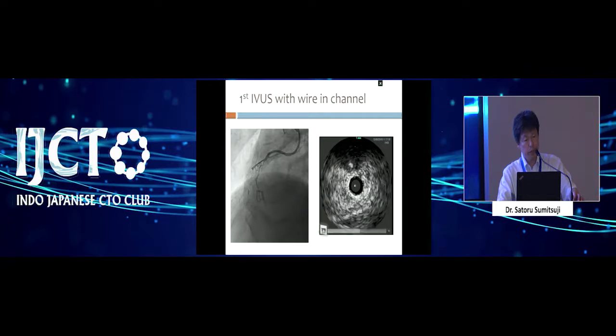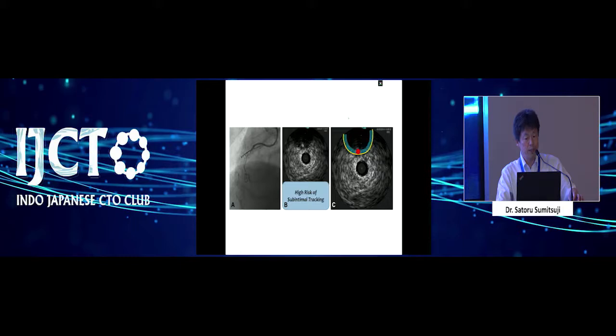Around here, 1-2 millimeters from the bifurcation, but still this wire is very close to this black and white border. Remember, black and white border and 200 micron, that means 0.2 millimeter something, is a possible zone of the media. Sorry. So this black segment is a potentially possible zone of the media.